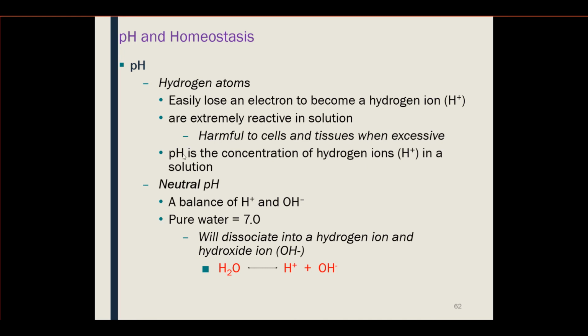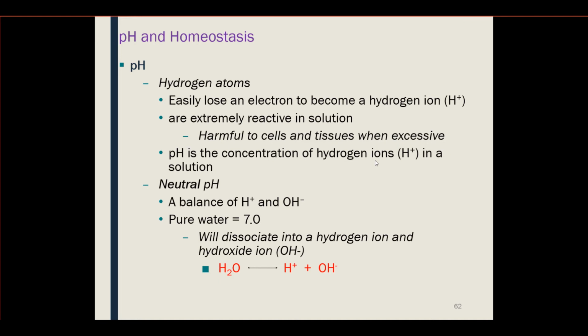So pH is the concentration of these hydrogen ions in a solution, right? We want to be able to measure them. As we'll see in a moment, if they become too excessive, we become too acidic. So there's something known as a neutral pH.